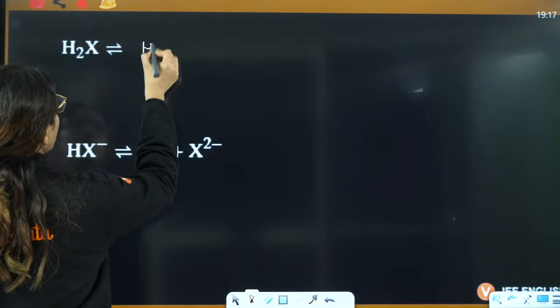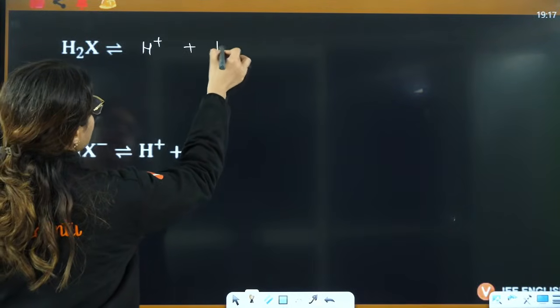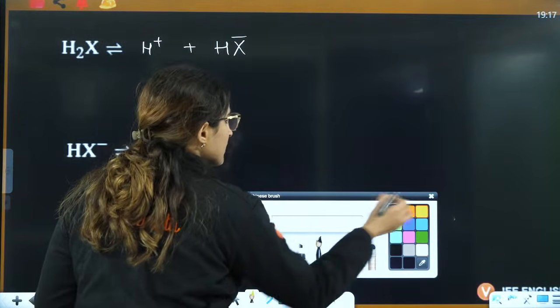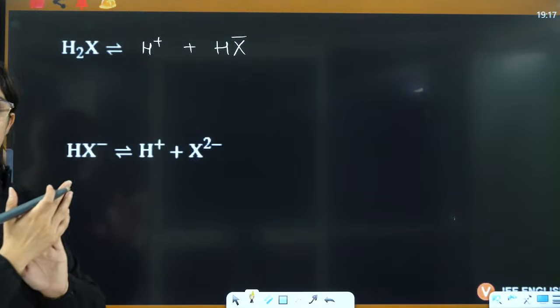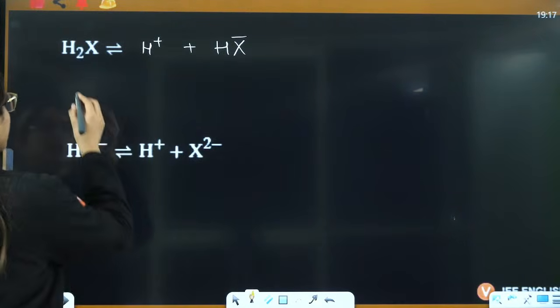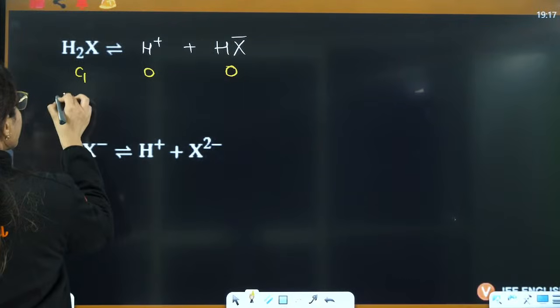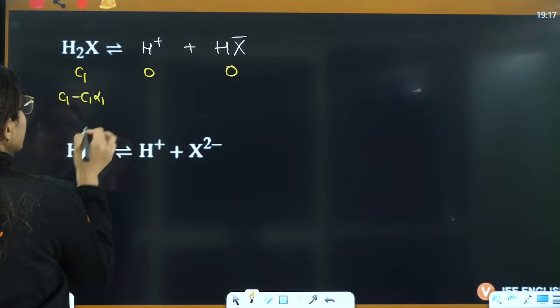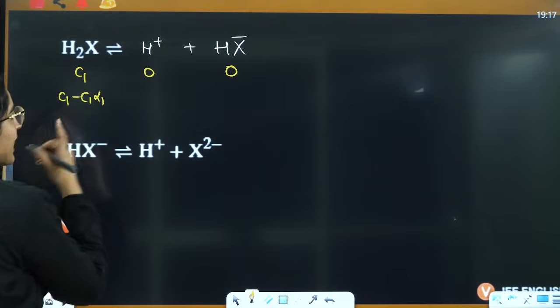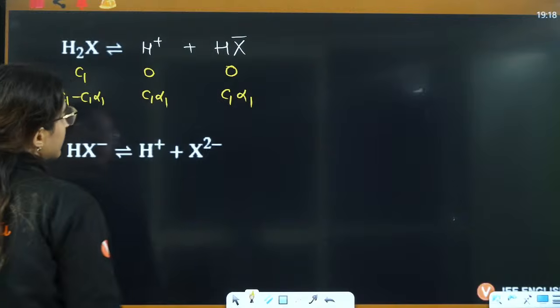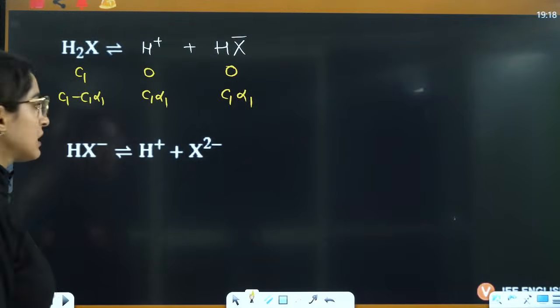It is giving you 1 H positive and it is HX negative. Okay? Now see, the concentration of H2X is C1. Initially this is 0, this is 0, this will become C1 minus C1 alpha 1, dissociation of the first reaction, this will become C1 alpha 1, this will become C1 alpha 1, right?